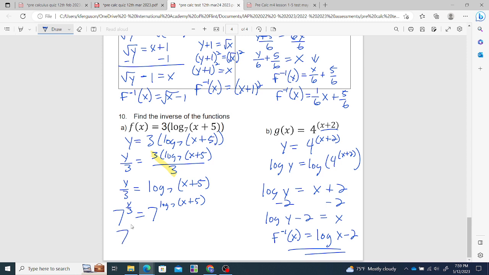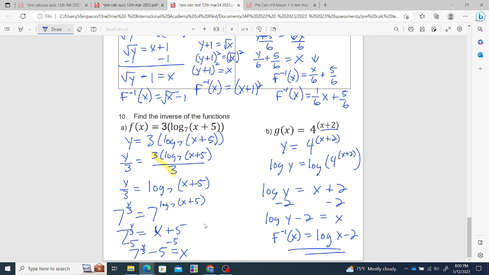So now I'm going to have 7 to the y over 3 power equals x plus 5. And then finally I'm going to subtract 5 from both sides, and I get 7 to the y divided by 3 power minus 5 equals x.